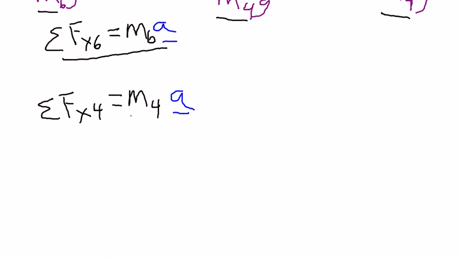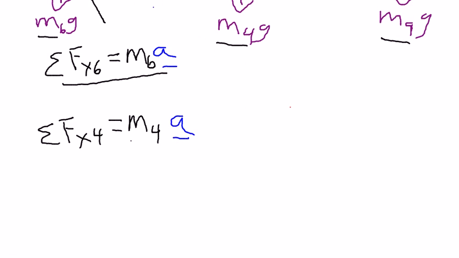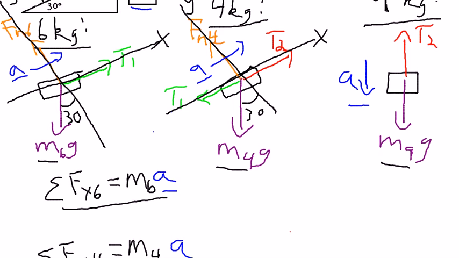Well, we can see from our drawing up there that we're going to have T2 in the positive x direction. Then in the negative x direction, we're going to have minus T1. And then also in the negative x direction, if we go back up to our picture, you can observe that there's also a component of our weight force.